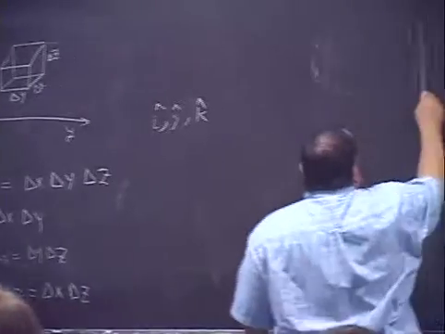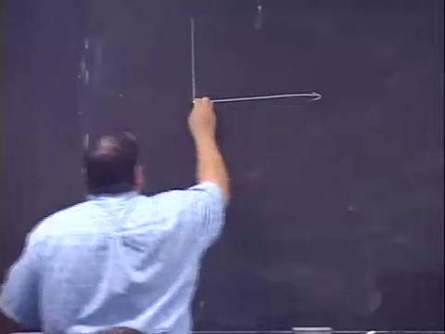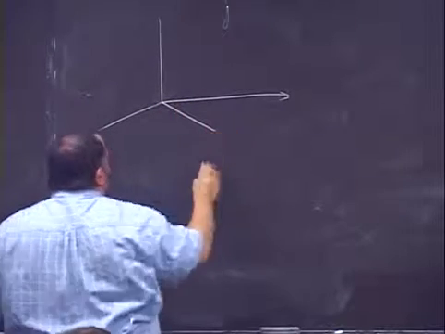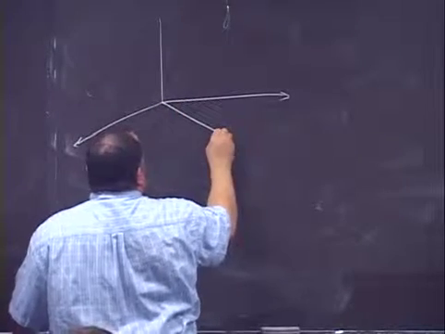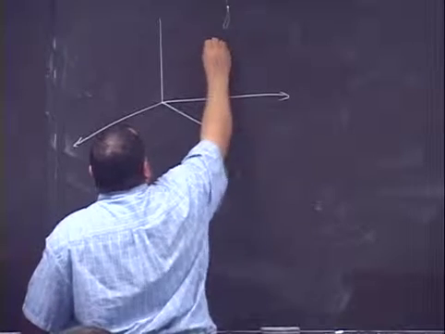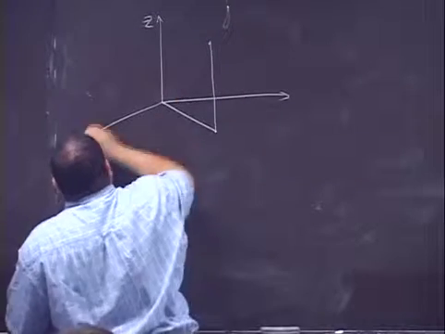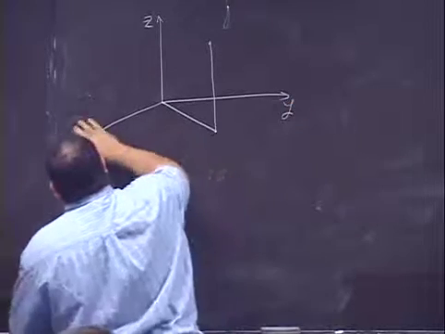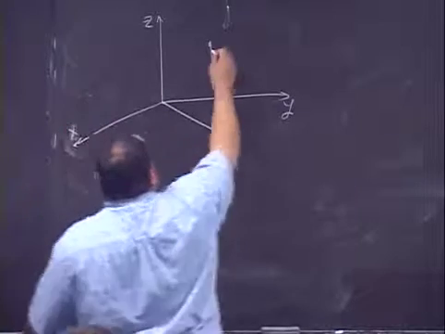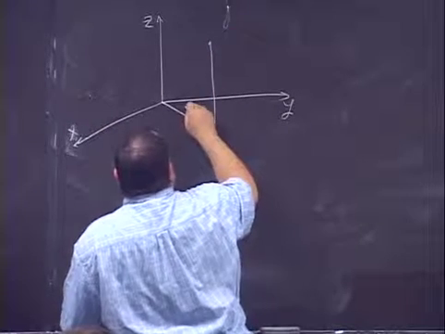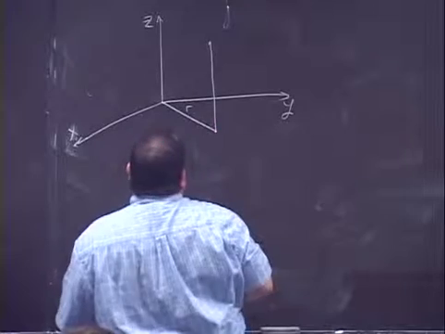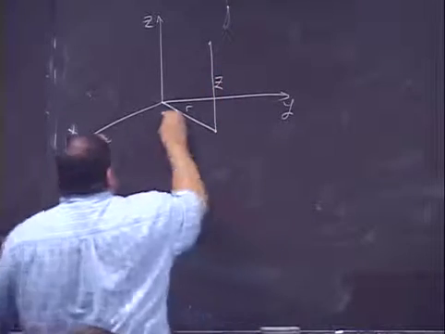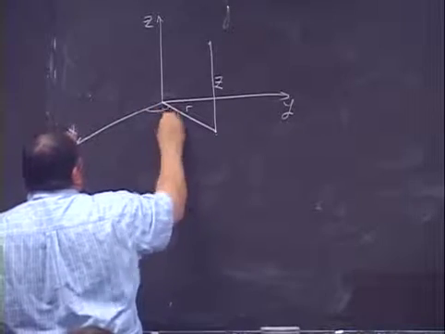This will be the Cartesian, where a point is represented by three different coordinates, x, y, and z. In cylindrical, the point will have rho, which is r, and a z, and then phi in this direction.